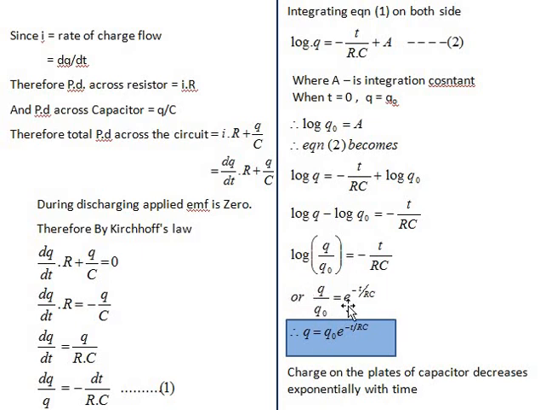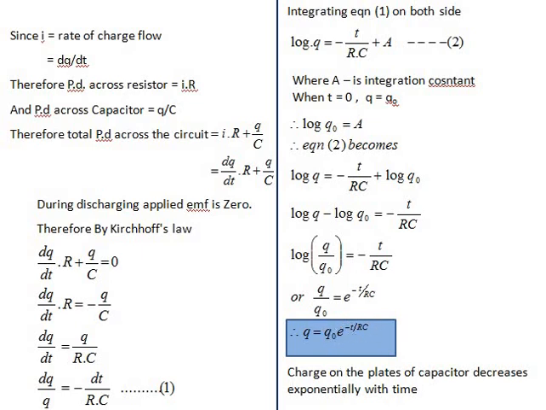When we remove the log, it becomes exponential. Therefore Q = Q naught e^(-t/RC). So the charge on the plates of the capacitor decreases exponentially with time. From this expression we came to know that.